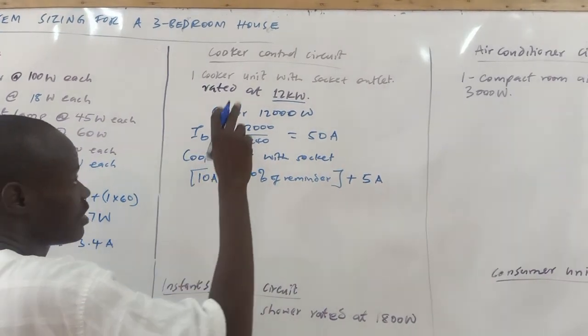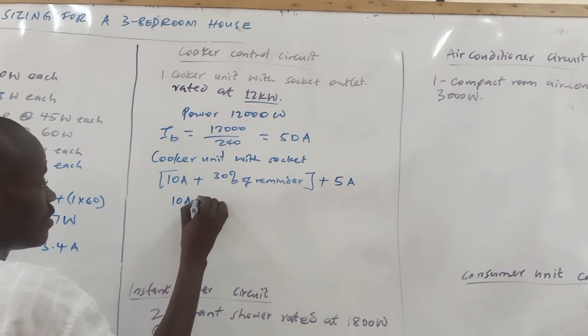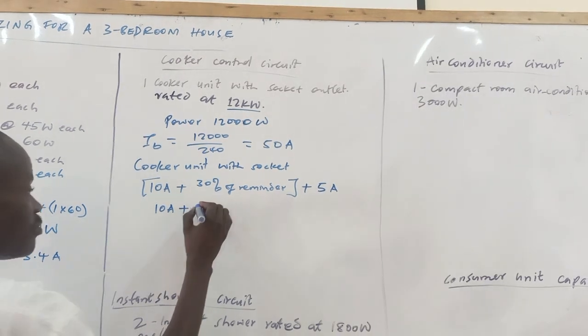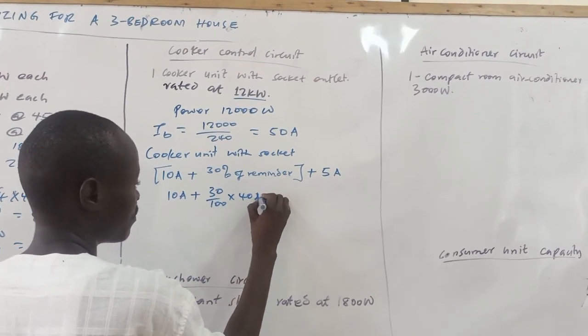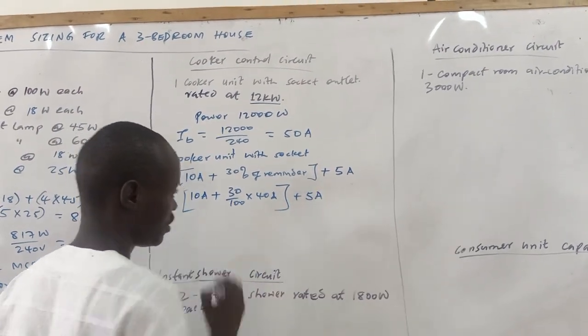So for this case, it's one with a socket outlet. So it will be 10 amperes plus 30 over 100 of the remainder from 50 amperes, which is 40 amperes. Then once you get that, add 5 amperes.